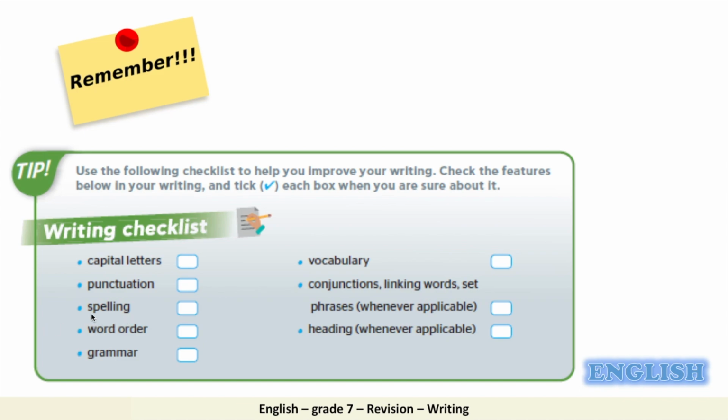Spelling is also very important because misspelled words will confuse the reader. To make sure that your writing is excellent, please pay attention as well to word order, grammar, vocabulary, and don't forget to use conjunctions and linking words.